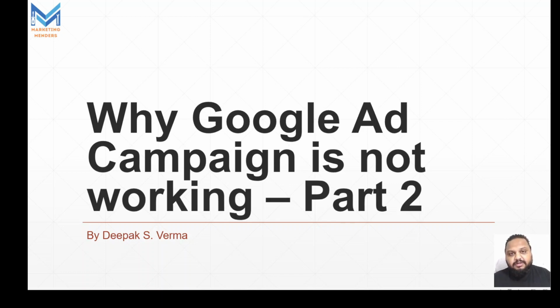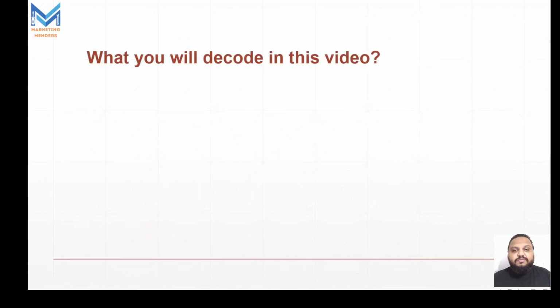In this particular video, in this particular session, we will be exploring another reason for your campaign not performing, which is related to bid strategy status. In the previous video, we talked about campaign status. Now we will talk about the bid strategy status. So what is a bid strategy?